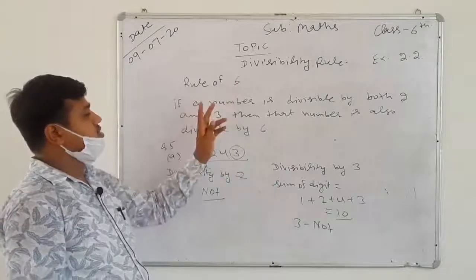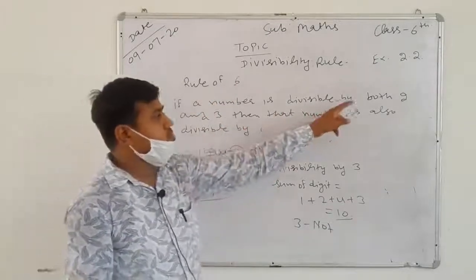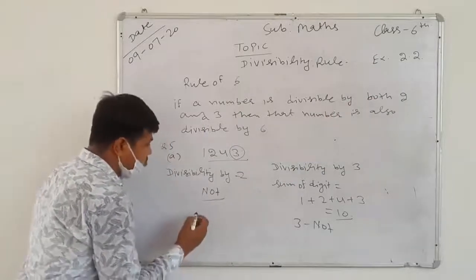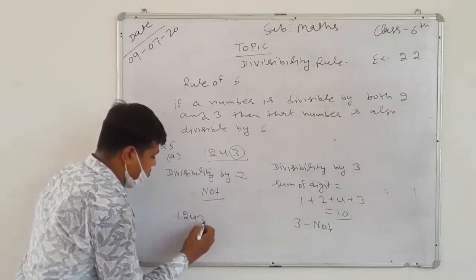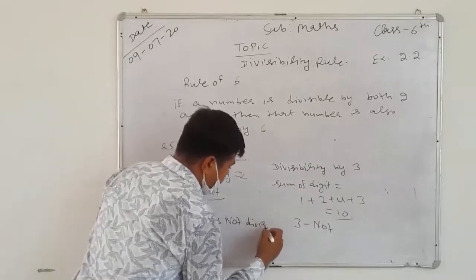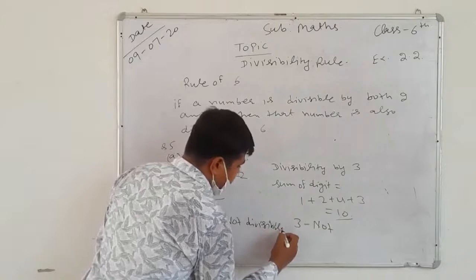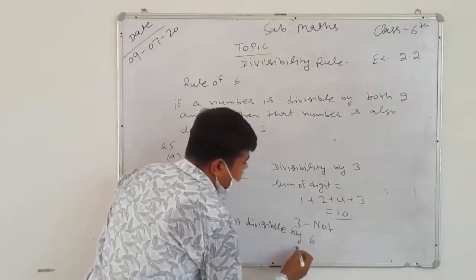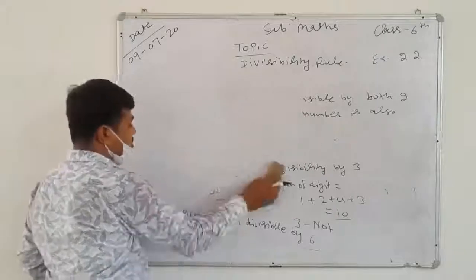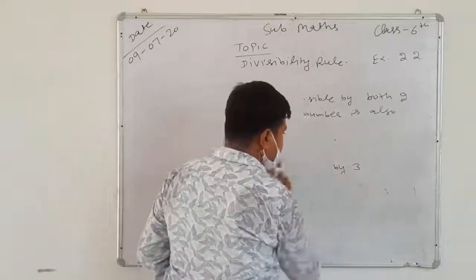But for 6 it must be divisible by both 2 and 3. So 1243 is not divisible by 6.